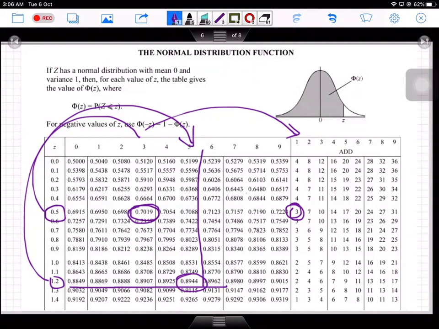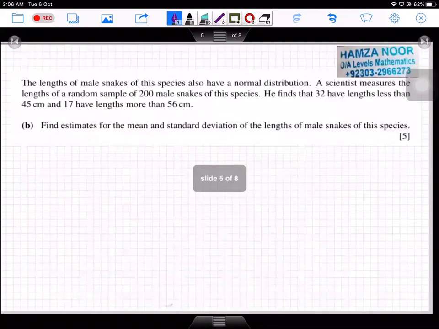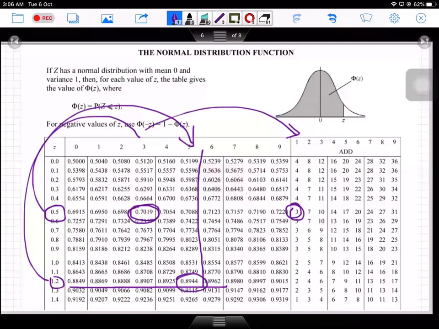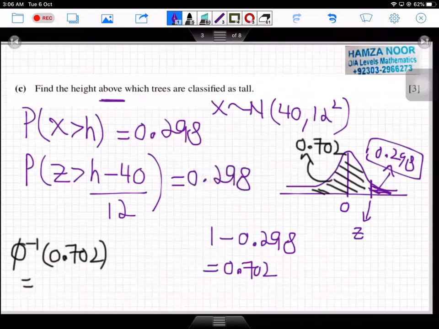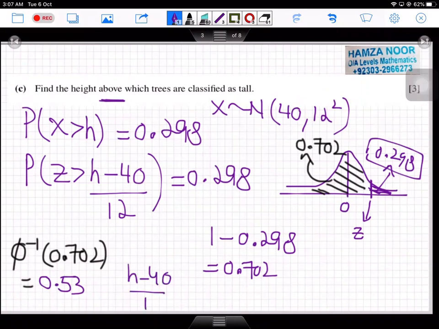So this is 0.7019, and the z value is 0.53. It is positive, so 0.53 is the value of z. Now we are able to find h. So (h minus 40) over 12 is equal to 0.53.